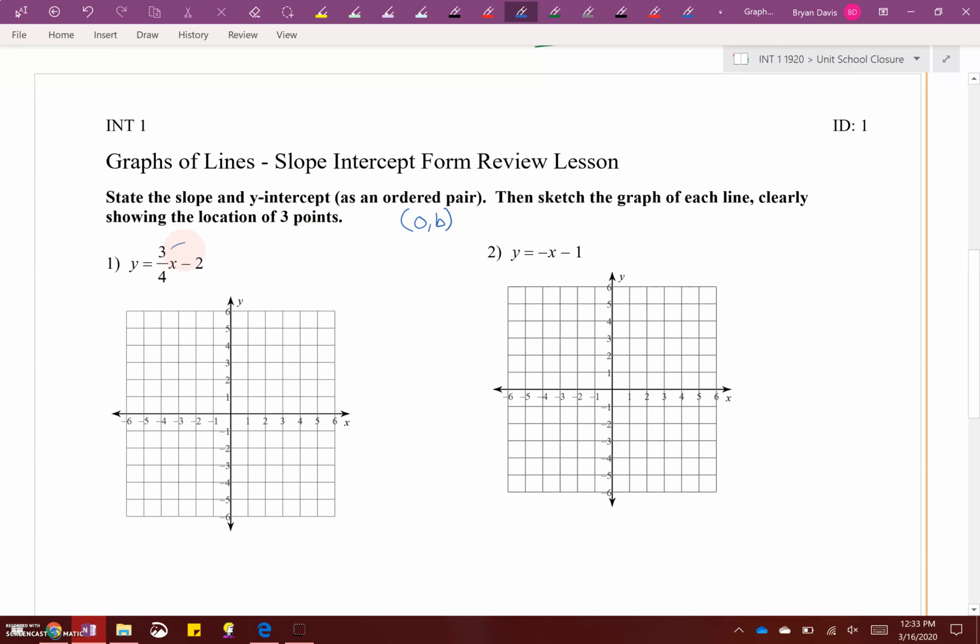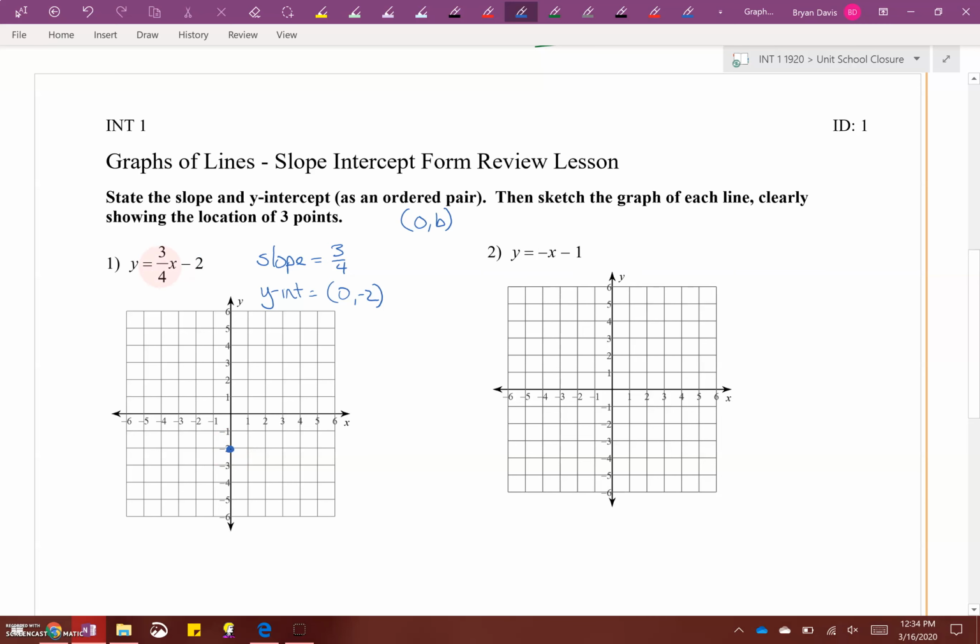Looking at this, I see right away 3/4 is my slope. So I'm going to write out slope equals 3/4. I see that the y-coordinate of my y-intercept is -2, so my y-intercept written as an ordered pair is going to be (0, -2). I'm going to start my graphing at the y-intercept, so I'm going to start at (0, -2).